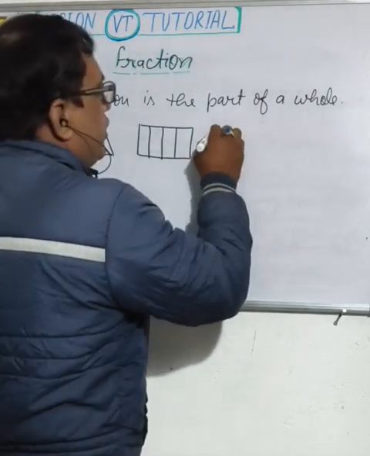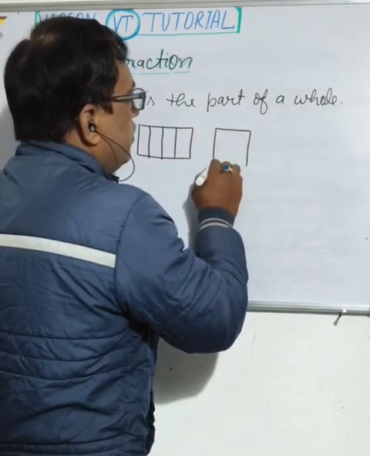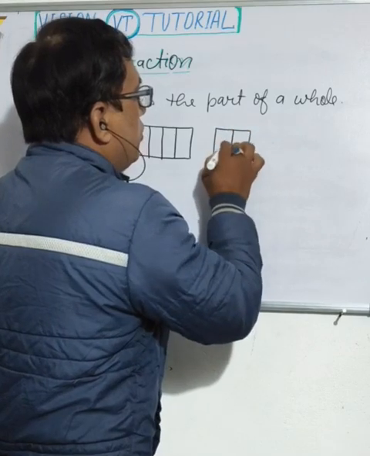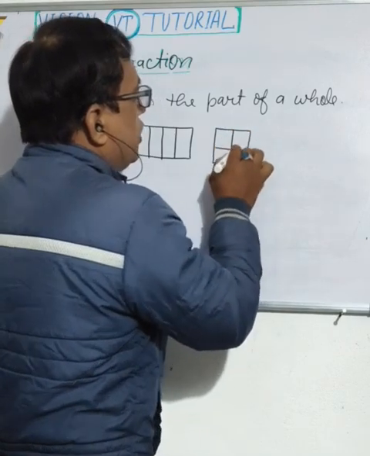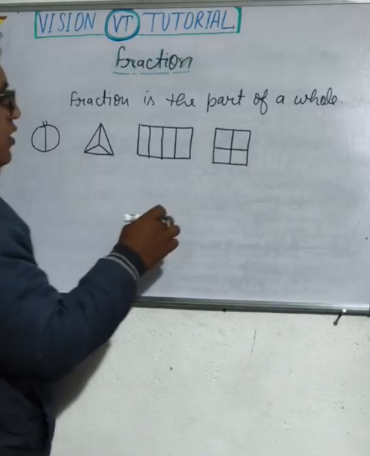Suppose you have taken a square and you have divided it into equal parts. So each part will be known as a fraction. Okay?